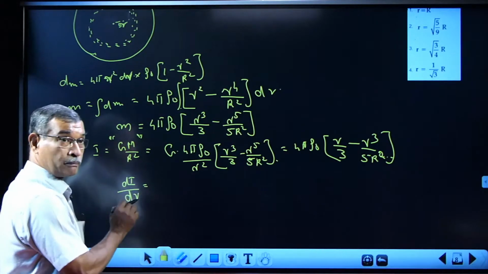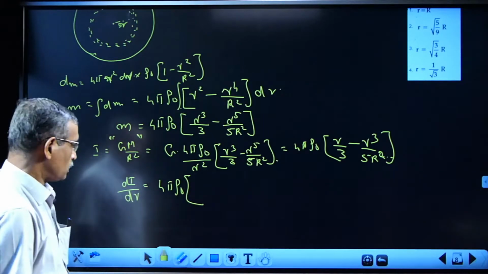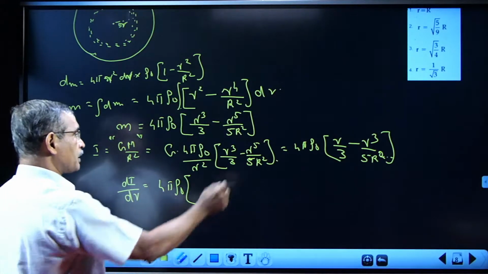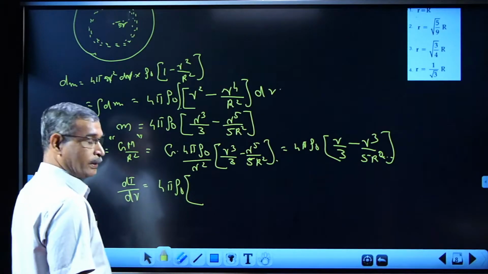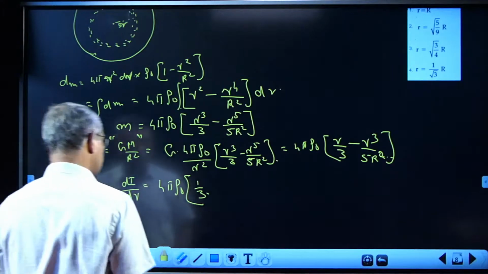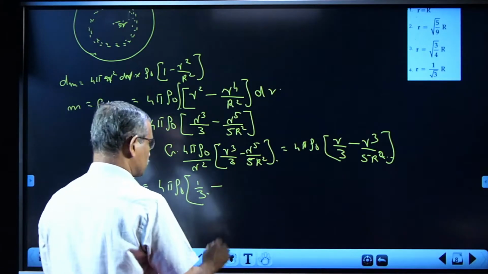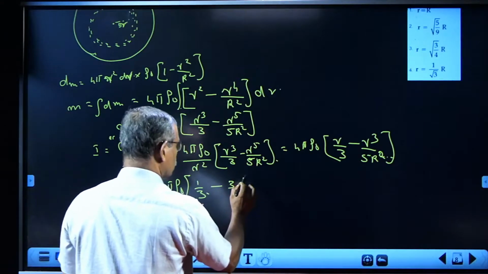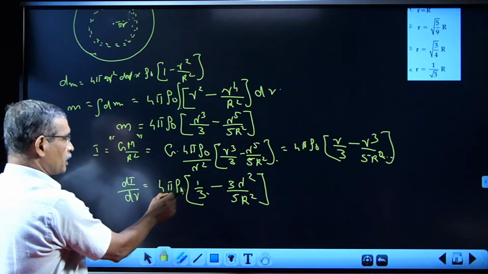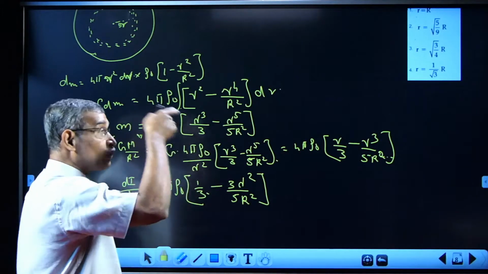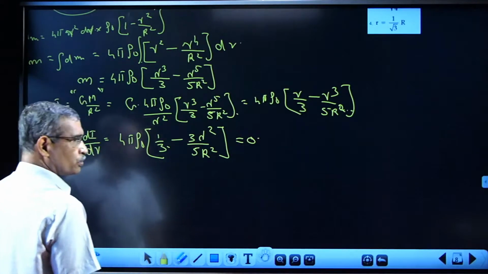If we find the condition for maxima, dI by dr is equal to 4 pi rho G times a bracket. Calculating dI by dr, we obtain 1/3 minus 3 r squared by 5 R squared. For the condition for maxima, this must be equal to 0, meaning this bracketed term is equal to 0.